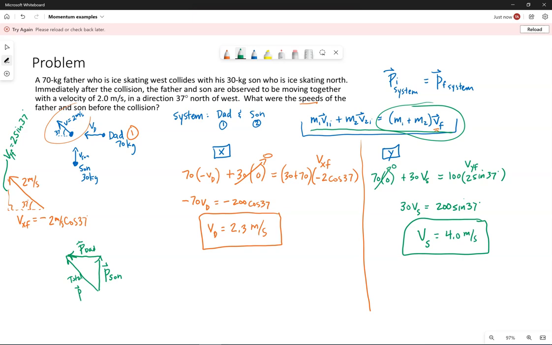That total momentum is determined by the momentum of the son and Dad individually. And you could add those in terms of momentum and not just velocity. We broke down the velocities and then multiplied by the mass, but you could multiply by the mass and then find the x and y components of momentum. Ultimately, it's the same thing. But again, if motion is going to be both in the x and y direction, we need to break down our conservation of momentum in terms of both directions individually.